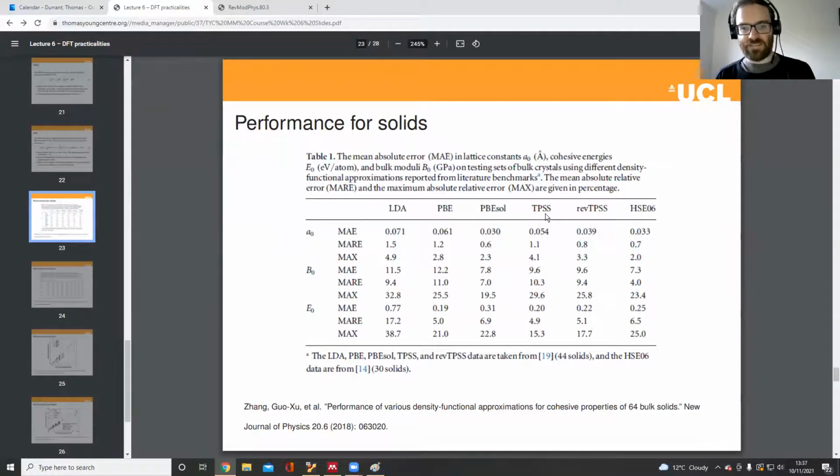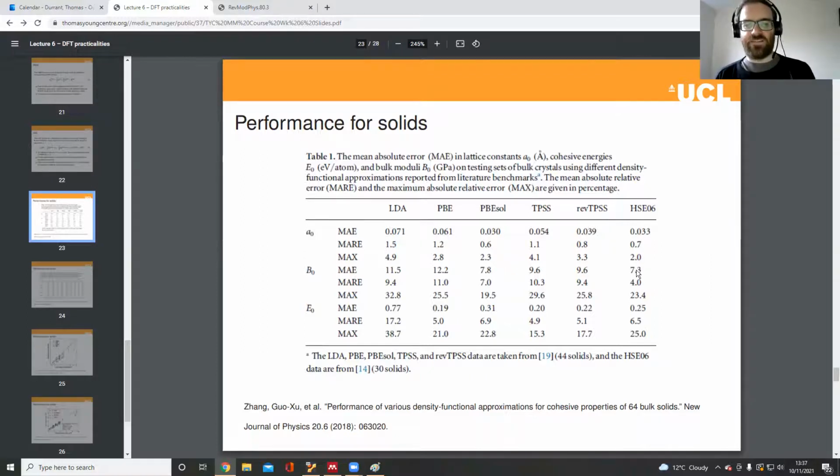This TPSS functional is a meta-GGA. And you can see here it's a little bit worse than PBEsol, but it's a little bit better than PBE for this lattice constant. And you can see here HSE06, this hybrid functional, is the best at these lattice constants in the data set that this paper looked at.